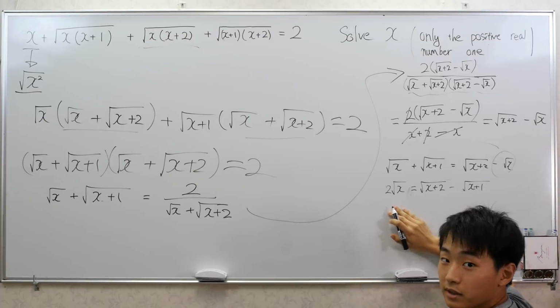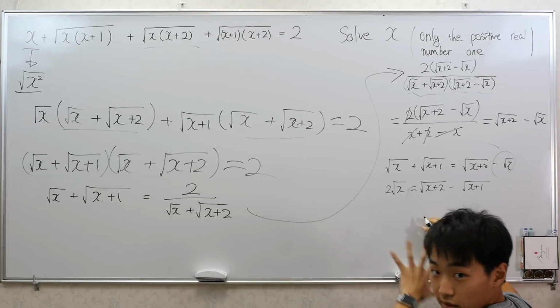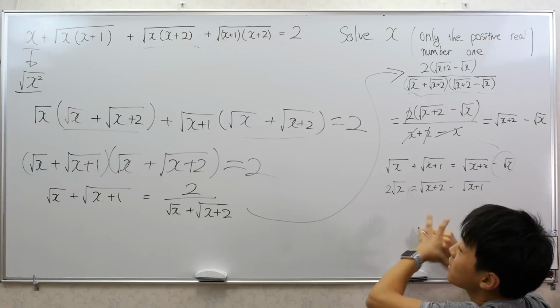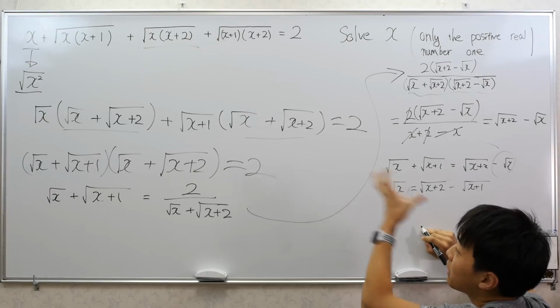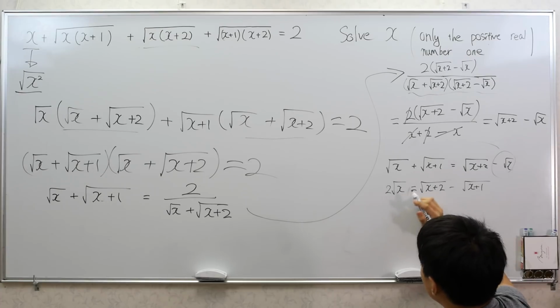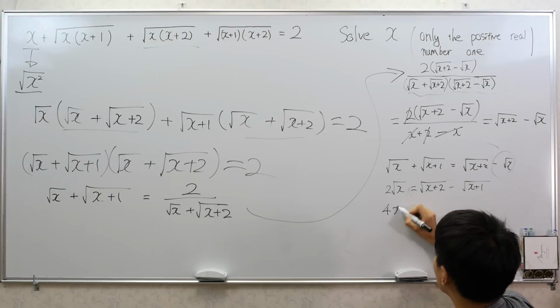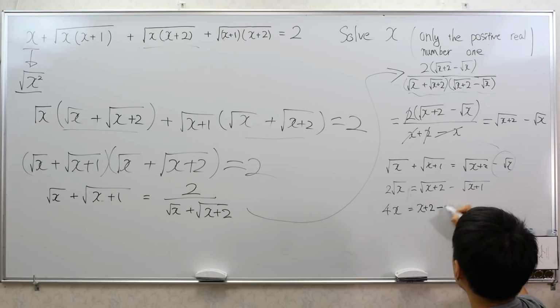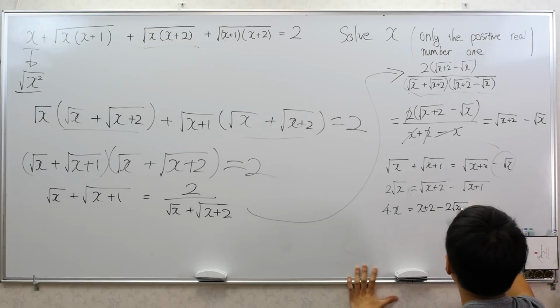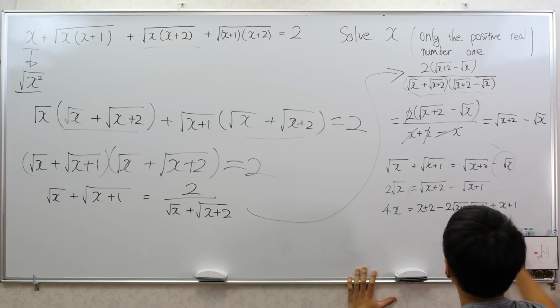And now it's time to resolve this square root, because it's what makes this equation very difficult. So you want to get rid of it. You square both sides of the equation, which would make 4x plus x plus 2 minus 2 times the square root of x plus 2 times x plus 1, plus x plus 1, right?